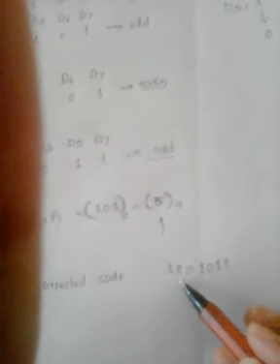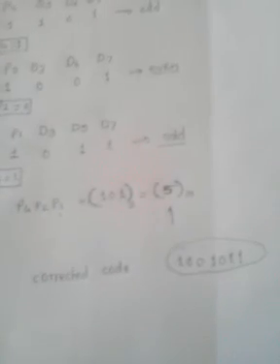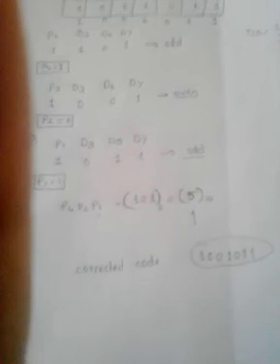So we get the final corrected code, that is 1001011. So at the receiver we get the final corrected code by using the Hamming code. Hamming code is used for error correction and detection. So this is the use of Hamming code.